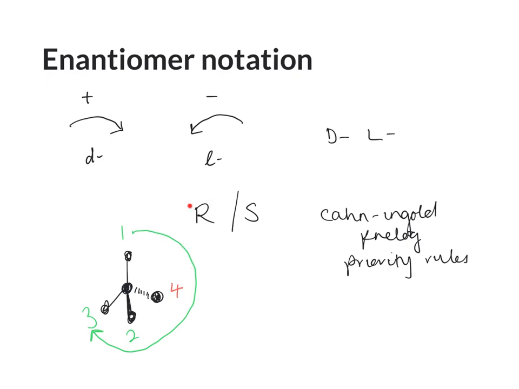So this is the rectus enantiomer. And this other one, if we look at the priorities for this one, and that's priority 1, that's priority 2, and that's priority 3. In this case, we go round to the left to go from 1 to 2 to 3. So that one would be the S enantiomer. So R for rectus, meaning right, S for sinister, meaning left.